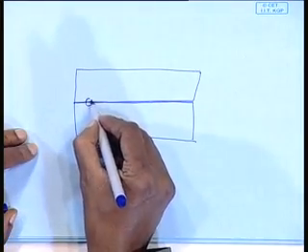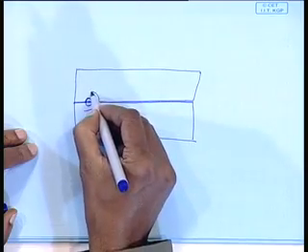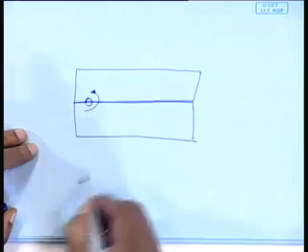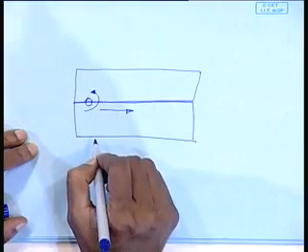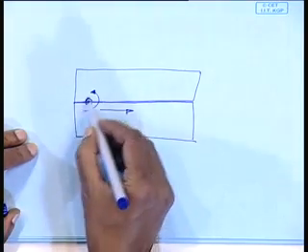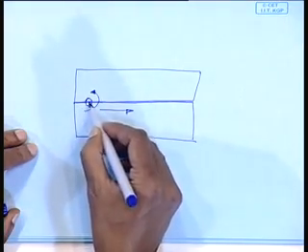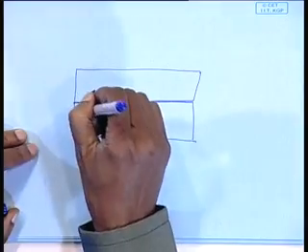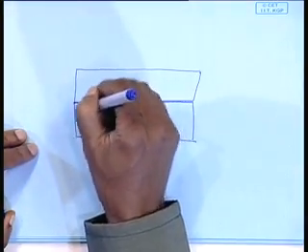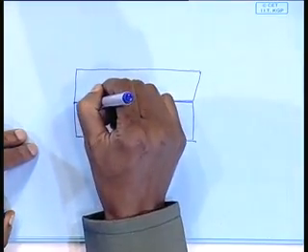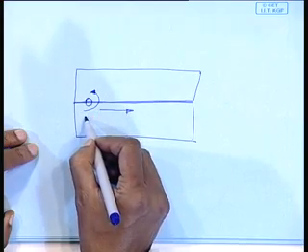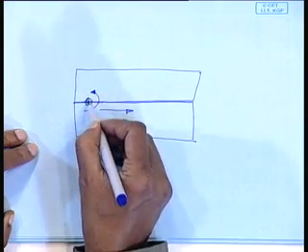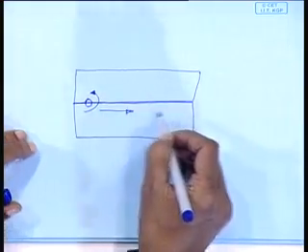So, you have the tool here which is rotating, as well as moving forward. In the process, the pin which is plunged inside is turning the material continuously and going ahead, as if it is throwing the metal from here to the other side and going ahead.